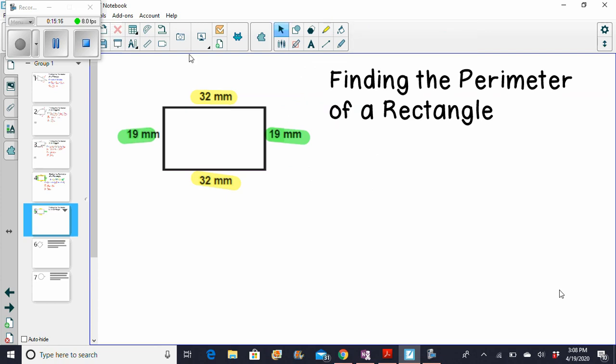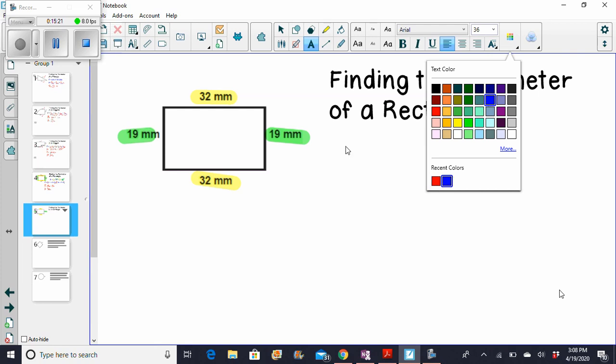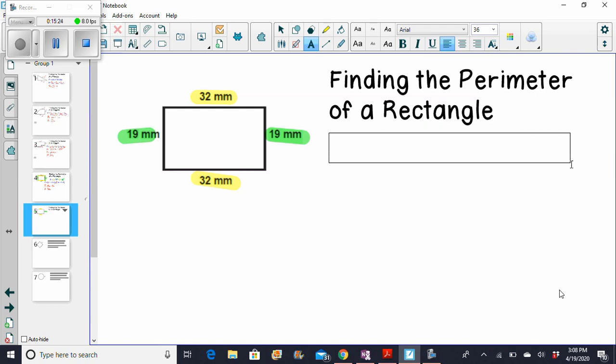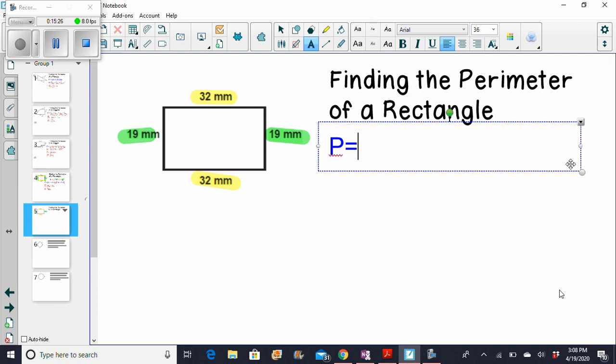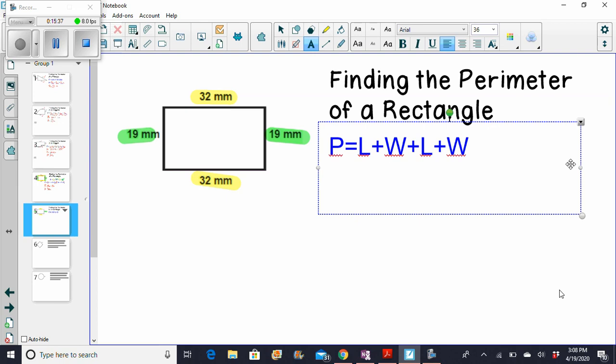Again, we're going to be doing length plus width plus length plus width, but let me show you something kind of cool that we can do. Remember I said it's doubled, right? One thing I do know about addition is that I can rearrange the order of the addends. So I could put the lengths together, and I could put the W's together.